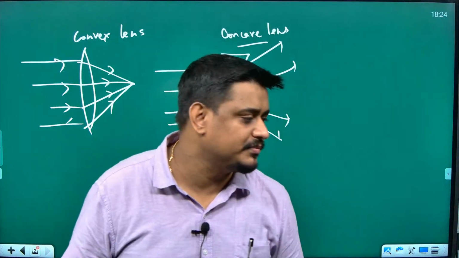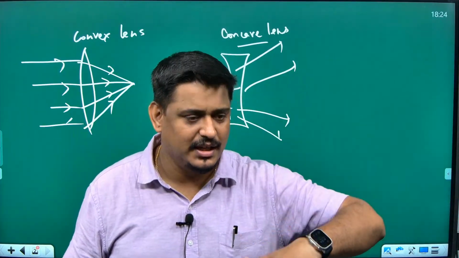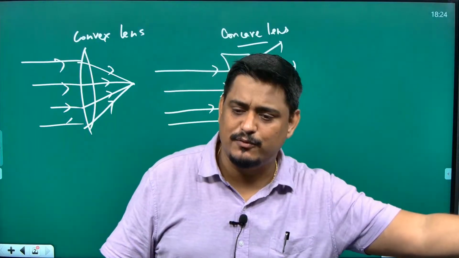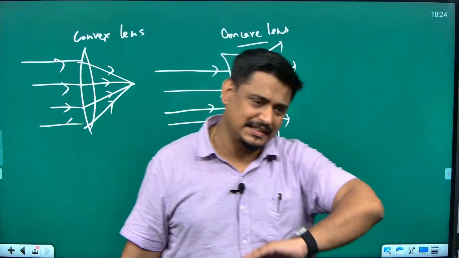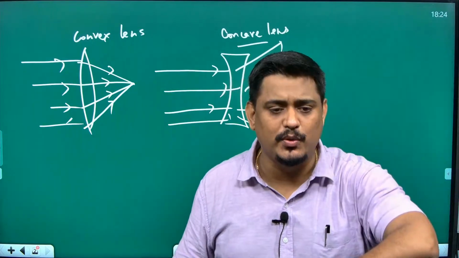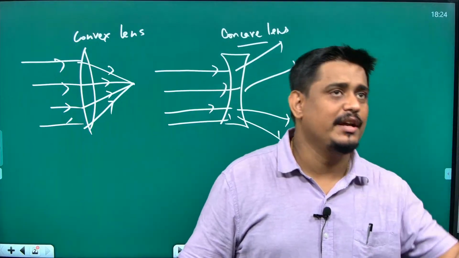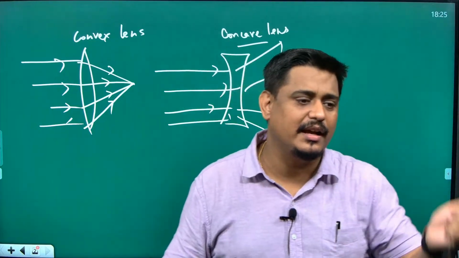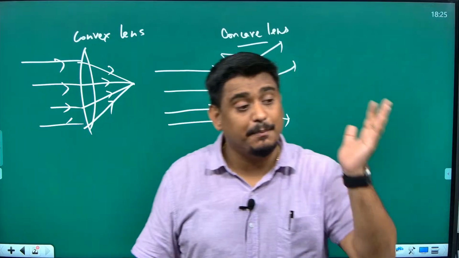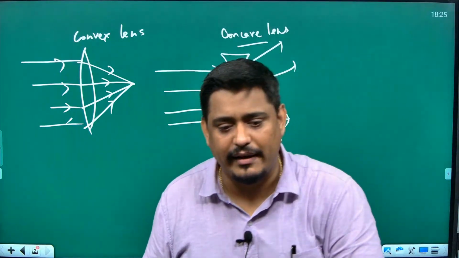Draw the ray diagram. Same like concave mirror, for a convex lens, if the object is at infinity, the image forms at focus, real, point sized. Object beyond 2f, image forms between f and 2f, real, inverted, diminished. Object at 2f, image at 2f, real, inverted, same size. Object between f and 2f, image beyond 2f, real, inverted, enlarged.